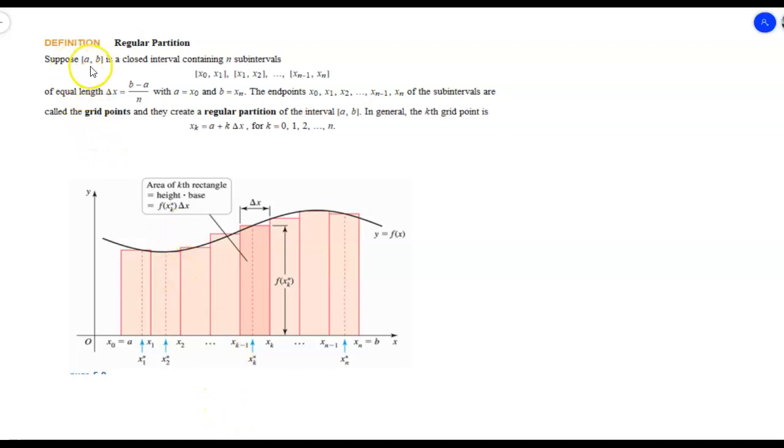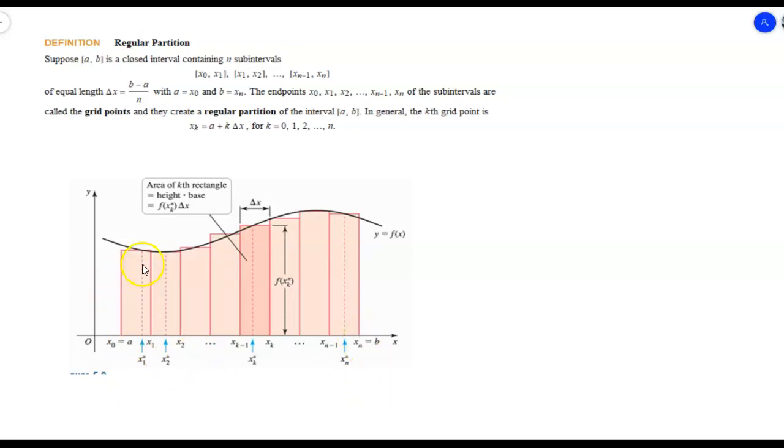So suppose the closed interval AB is a closed interval containing n subintervals, right? So we have x equals a here, we have x equals b at the end, we have some curve here, and we want to estimate the area under the curve between a and b.